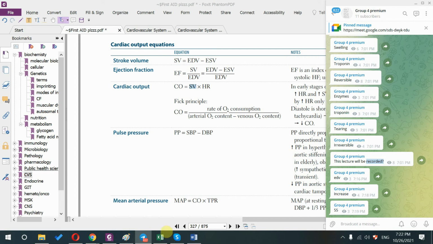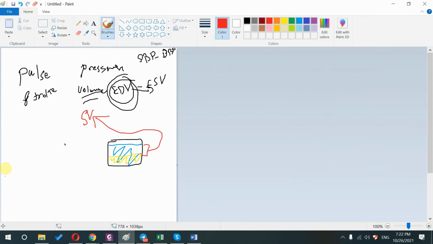So pulmonary artery 20, pulmonary vein, again. So let me just write it down to make it. So pulmonary artery O2 concentration and pulmonary vein O2 concentration.